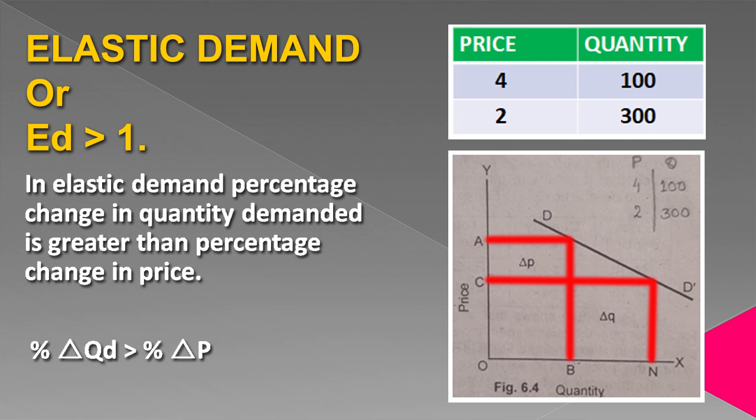When we join these points, we get a curve that is known as demand curve, and this curve will be a little flatter. In case of elasticity greater than 1, demand curve will be of a flatter shape, indicating that change in quantity demanded is greater than change in price.